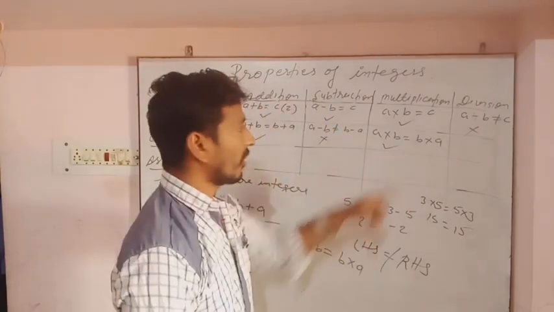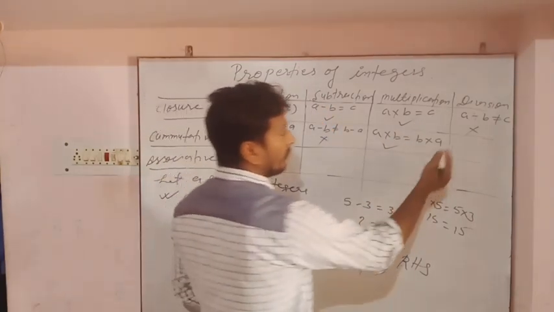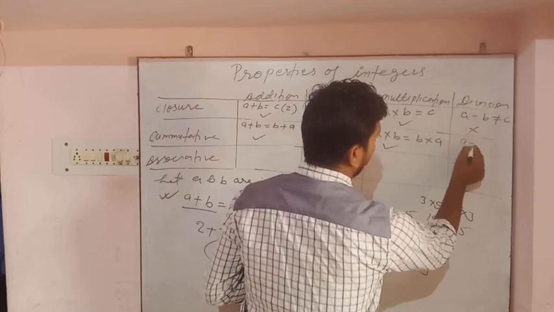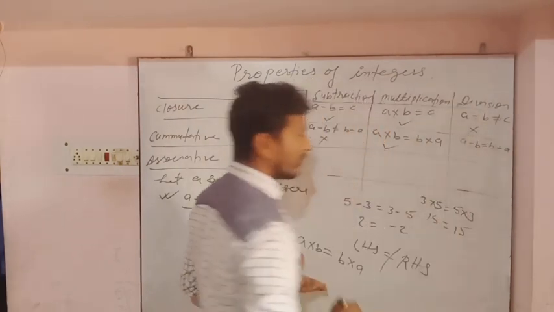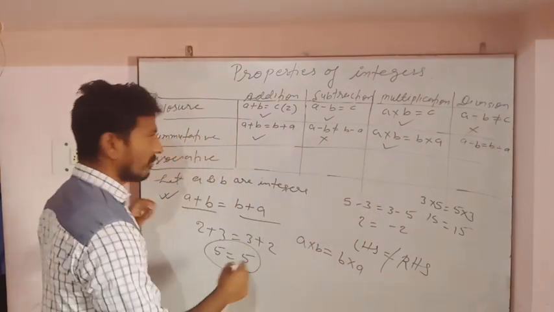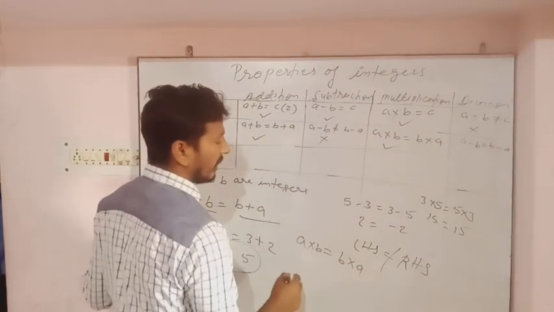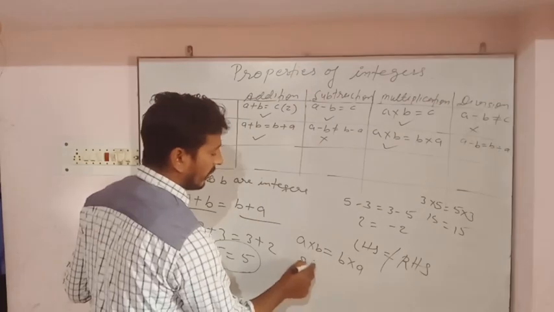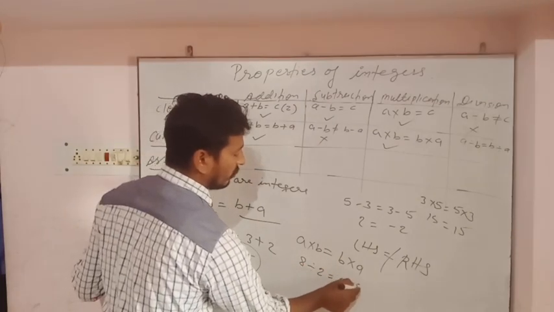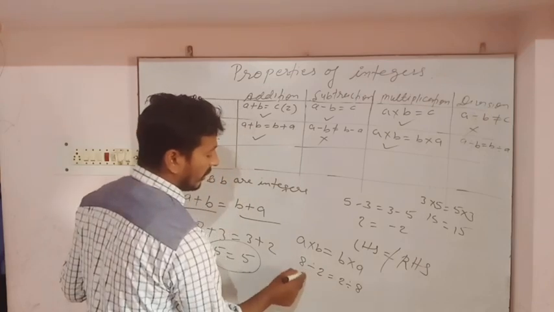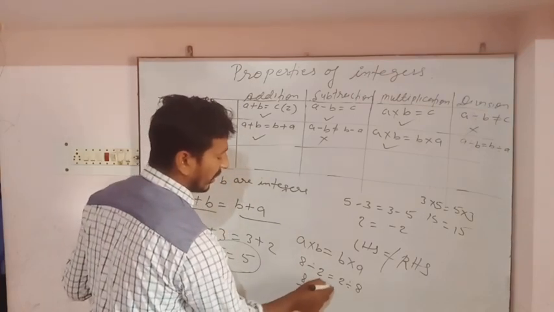Now division. It means a divided by b is equal to b divided by a. Let's check whether this is correct or not. So suppose a is equal to 8 and b is equal to 2, then 8 divided by 2 and 2 divided by 8.